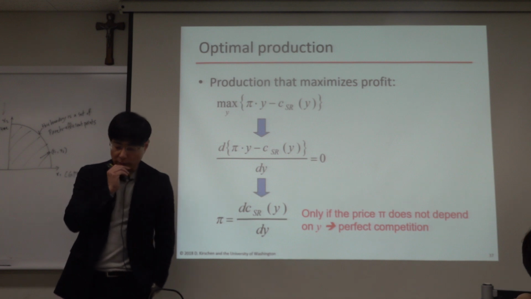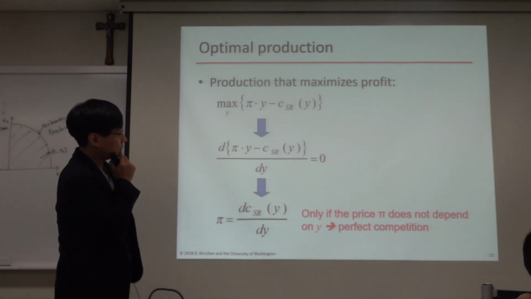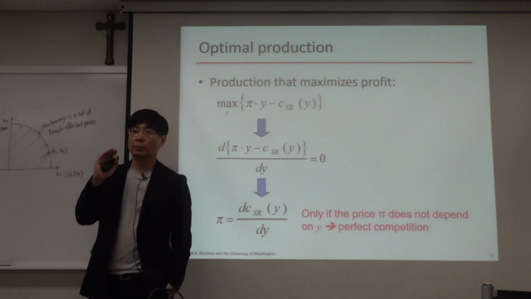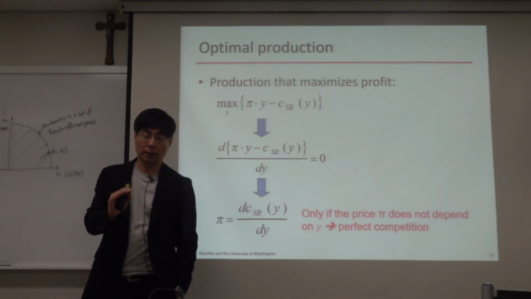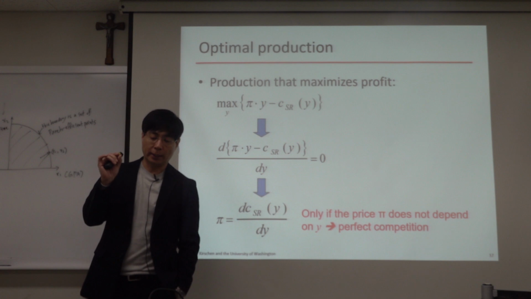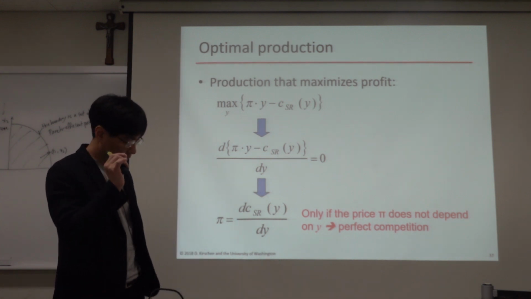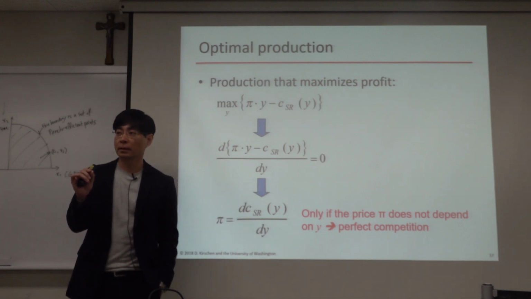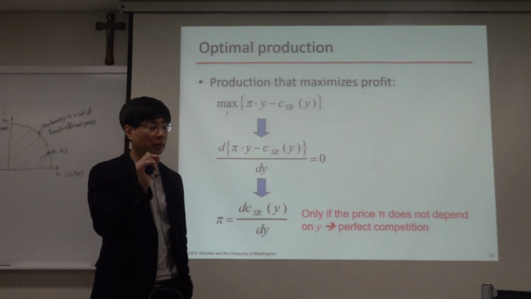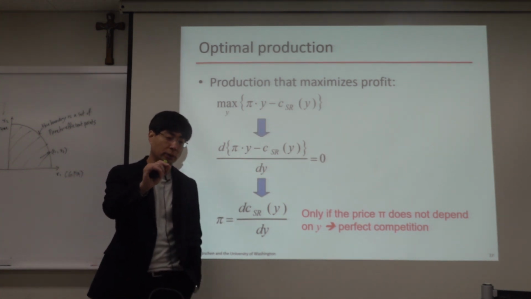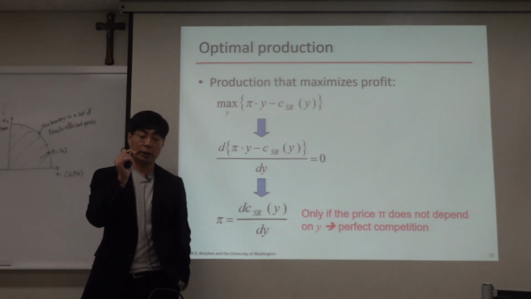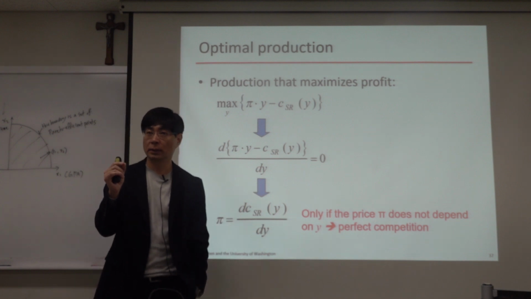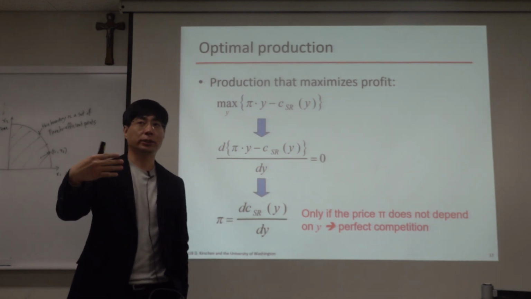And let's talk about optimal production. For simplicity, we assume a completely competitive market. The perfectly competitive market means that the producers and consumers, individual producer and consumer, cannot affect the price. The market price is determined.